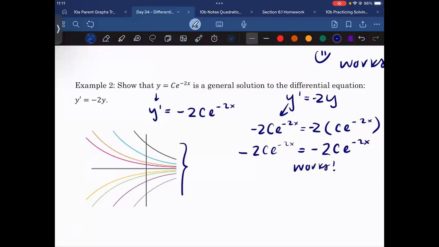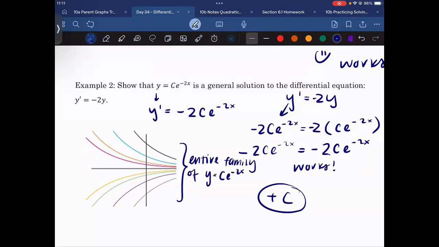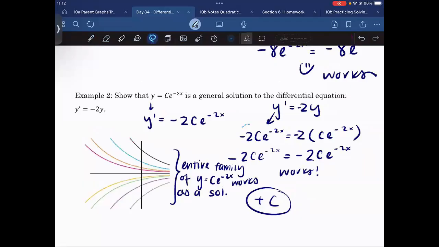Remember when we were doing that plus C and stuff like that? That's kind of what we're talking about today. The entire family of functions works as a solution. I'm going to write SOL for solution. And basically what we're saying is we're finding those functions.